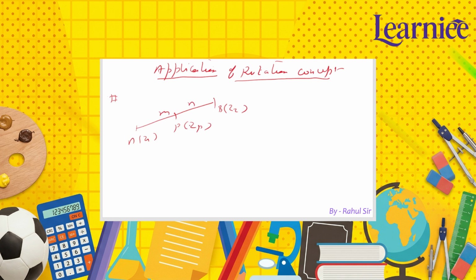So you can clearly see that AP upon PB is nothing but m by n. This we can clearly see.